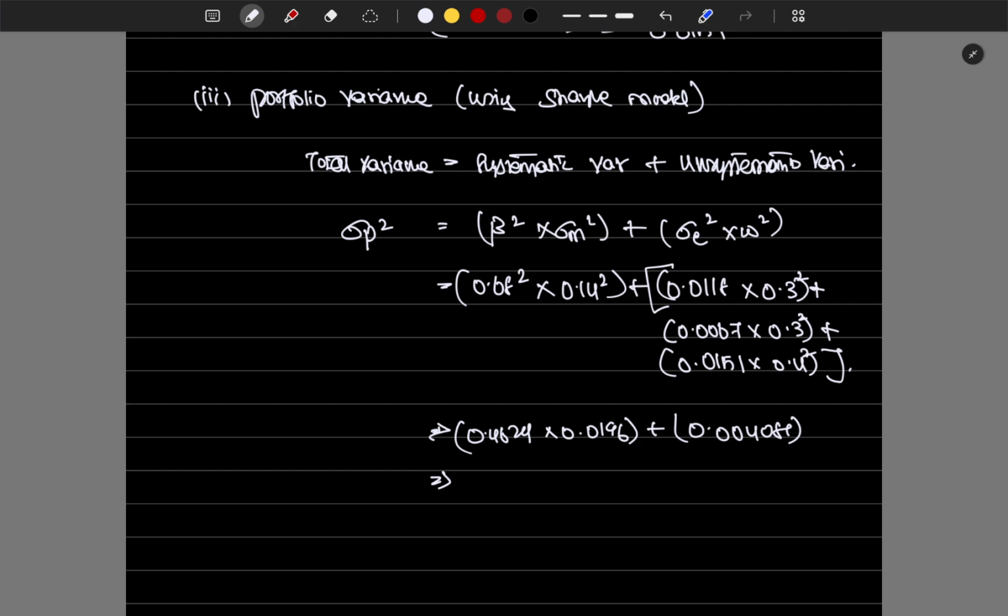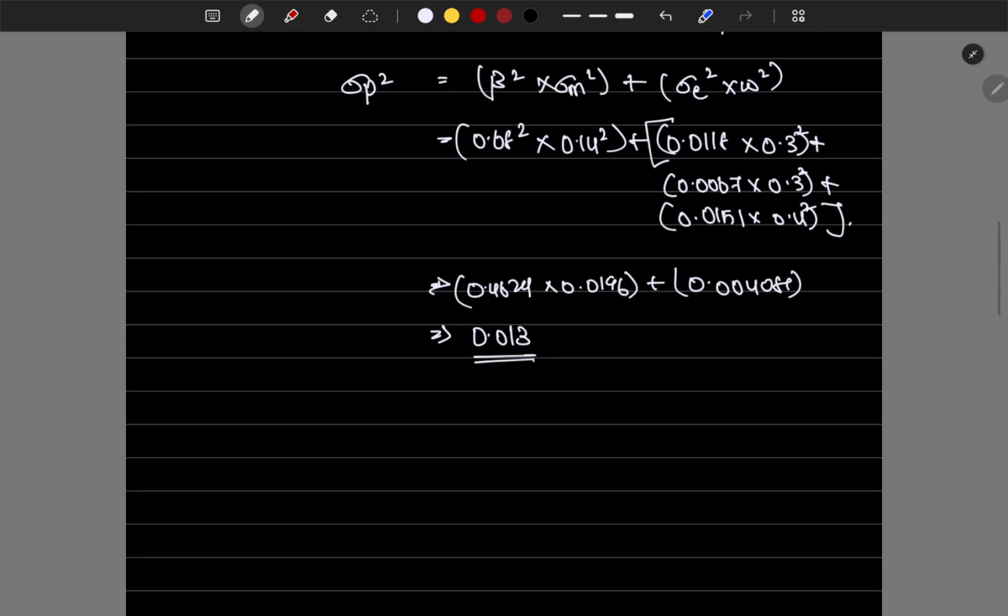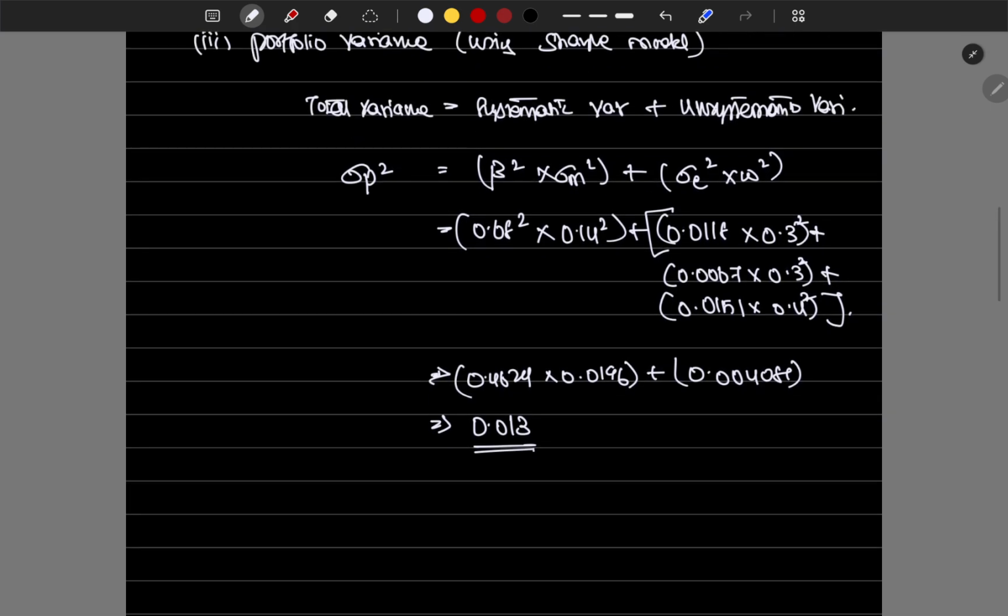It comes to 0.013, the portfolio variance using the Sharpe model.